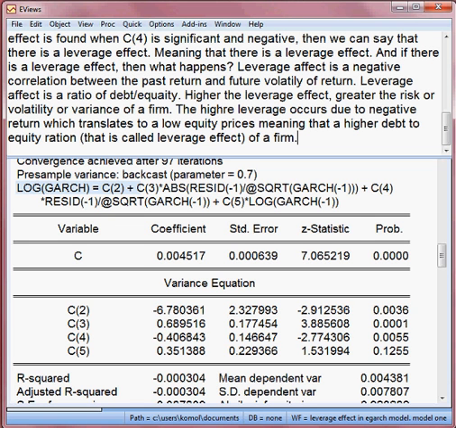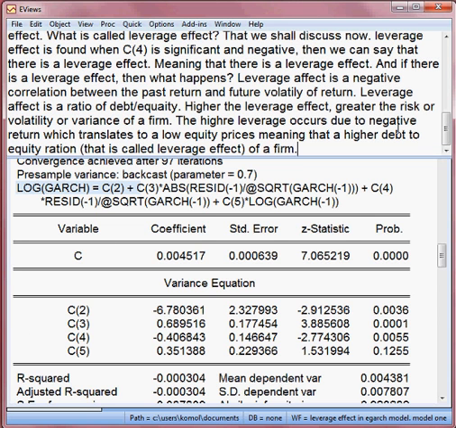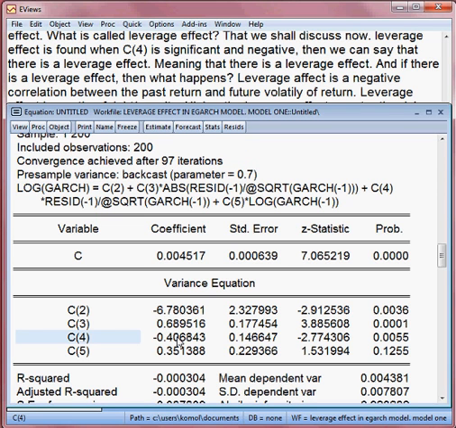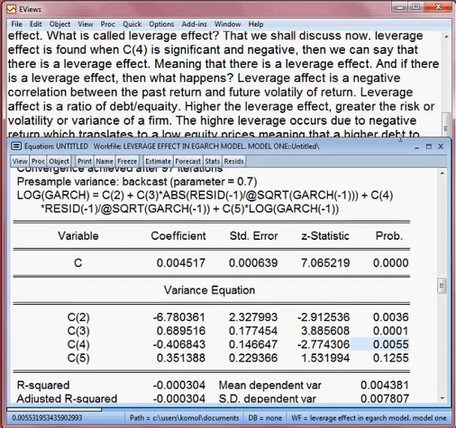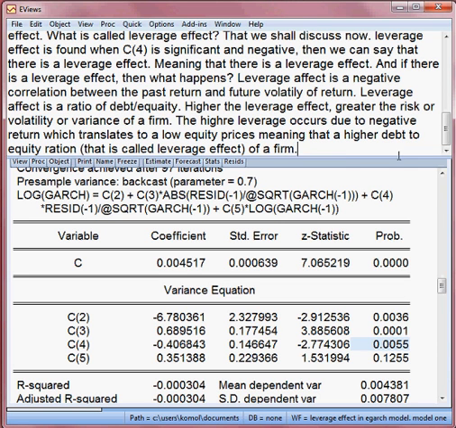So here in our case, as the C4 is negative and significant, meaning that there is a leverage effect. And what does leverage effect mean? It has some more explanation.